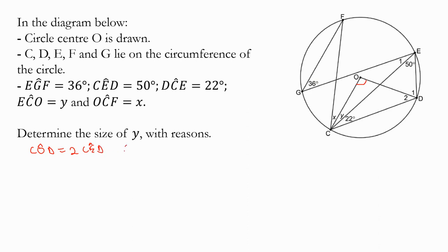Because the angle at the center is equal to 2 times the angle at the circumference, meaning that this angle is going to be 100 degrees. So COD is equal to 100 degrees.